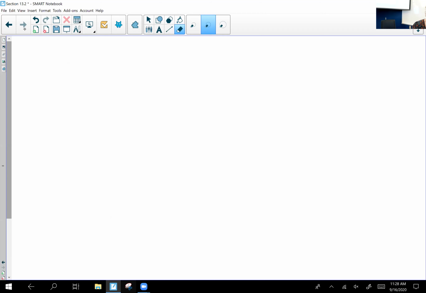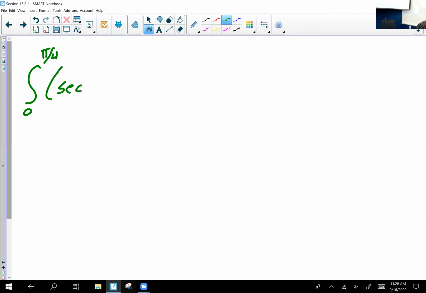Okay, so this one is then the integral, plus I wanted to throw some trig at you. 0 to pi over 4. We then have secant t, tangent of t, i, plus, oh, there's a t there.